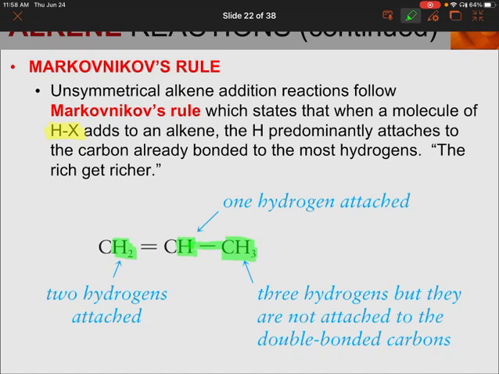So this double bond is unsymmetrical, and we can even draw it out just to show that it is in fact unsymmetrical. If we're going to add, let's say, HBr across the double bond, what side does the hydrogen go on and what side does the bromine go on? How do we know where it goes?